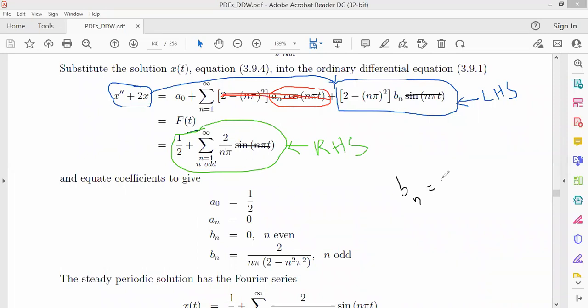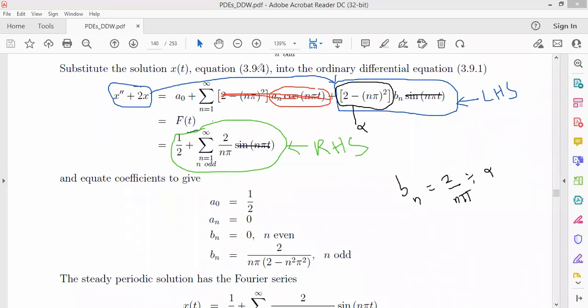This way, I simply have a 2 over n pi. This one, I am dividing by this term here. So if I call the whole of this term in black alpha, I am dividing this by alpha. Dividing by alpha would definitely imply multiplying by its reciprocal.